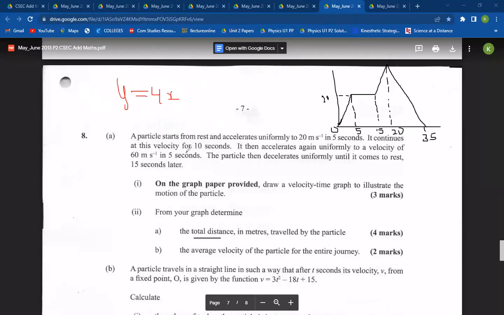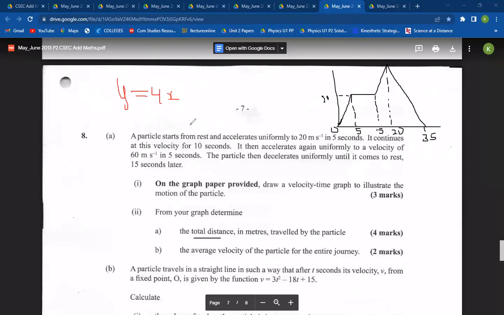In theory, integration should work, right? Hold on. So you got the equation of the first line, y is equal to 4x. Okay. Then what did you plan on integrating to get distance?